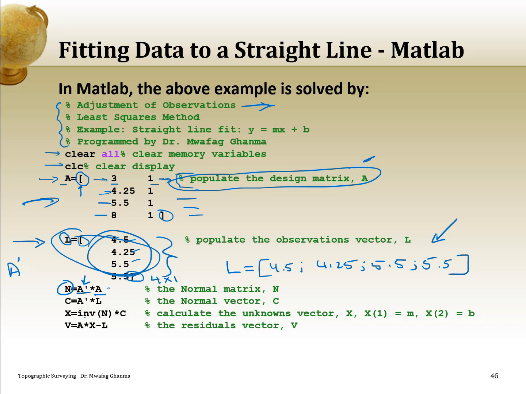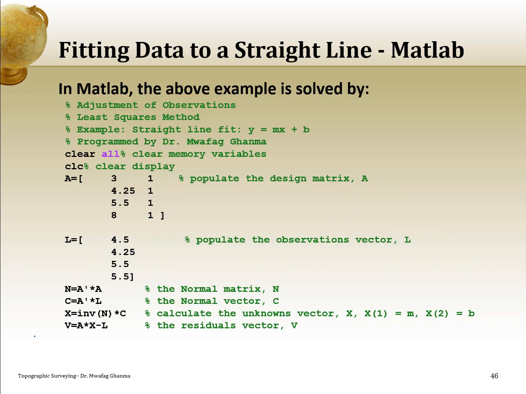And then X equals the inverse of N. This is how you invert the matrix N, to the power -1, which is the inverse of the matrix. This is how you do it in MATLAB. You do the inverse of N, then multiply it by C. Then calculate V equals A star X minus L. X we just calculated, L is already there, A is already there, so we can calculate V.